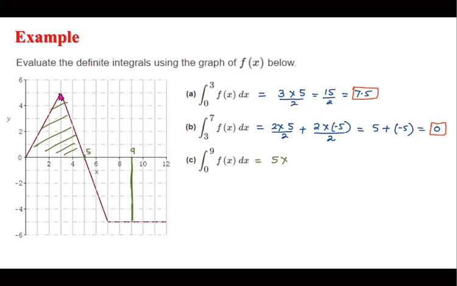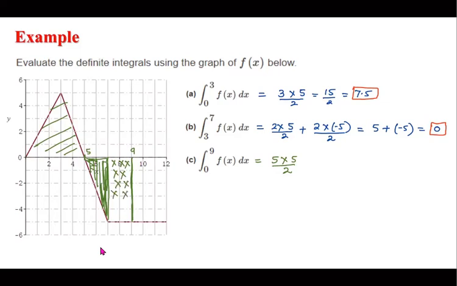The height of this triangle is also 5, divided by 2. But if you look at this picture below, this can be divided into two parts again. I can make it a triangle there, and then plus this rectangle here.